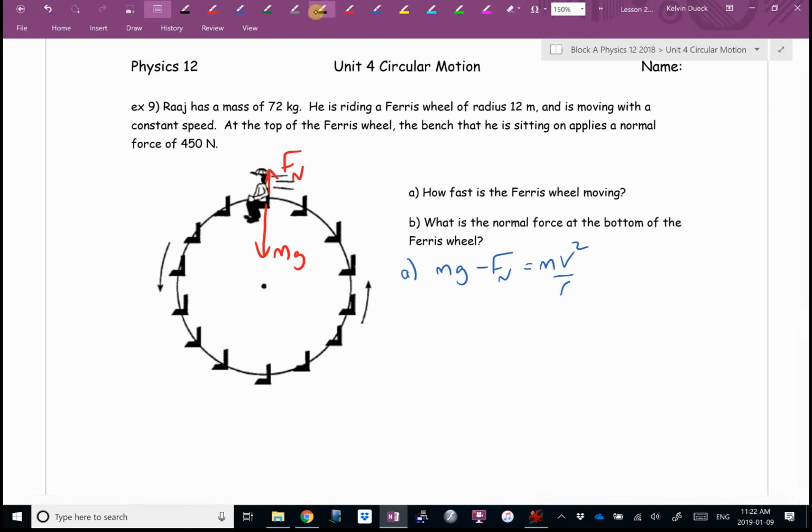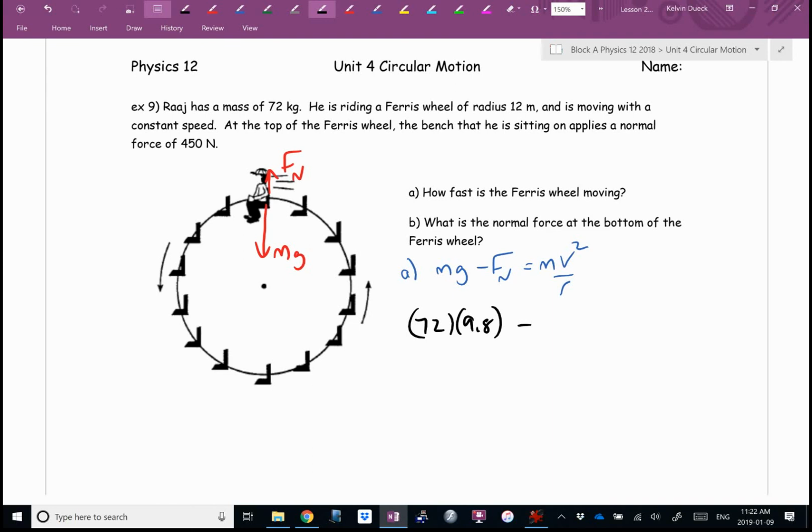What's the mass, Michael? 72. I'm going to go 72 times 9.8 minus, what's the normal force? Instead of giving you the normal force in newtons, I could also have him sitting on a scale and tell you what the scale said in kilograms. How do I change kilograms into newtons? Multiply by 9.8.